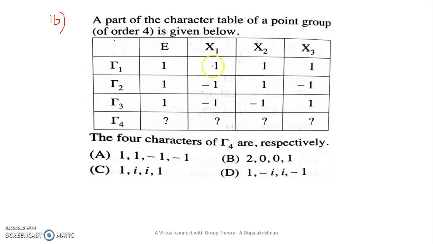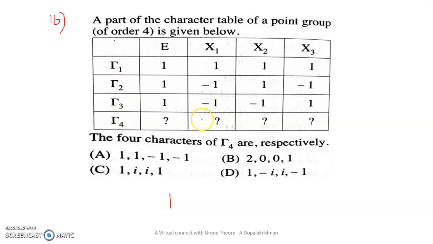And you know very well, identity character should be 1 because the identity character indicates the dimension of the representation. Then what about these characters? In this row you should put one character as +1 and the remaining 2 as -1, then only it will be orthogonal with respect to the other irreducible representations.